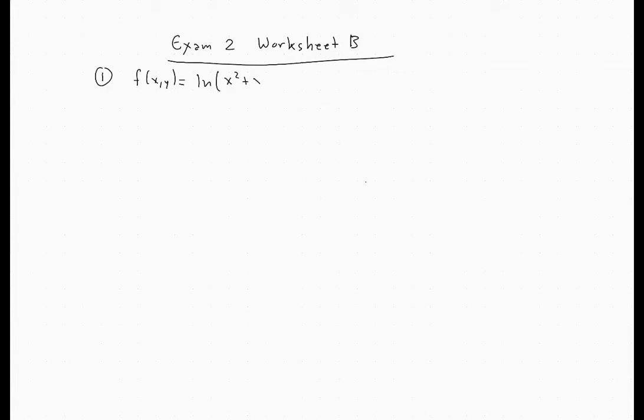We want to find the directional derivative in the direction of the vector square root of 3 over 2 comma negative 1/2 for the function f at the point 2, 1. So it's enough to find the dot product of the gradient at the given point with the direction vector.